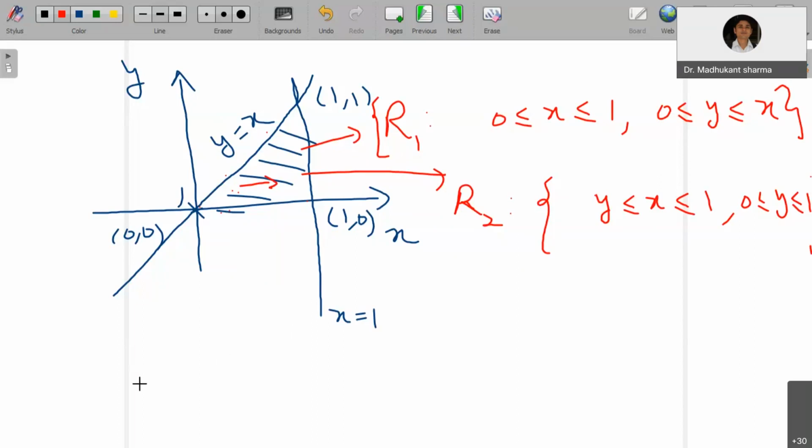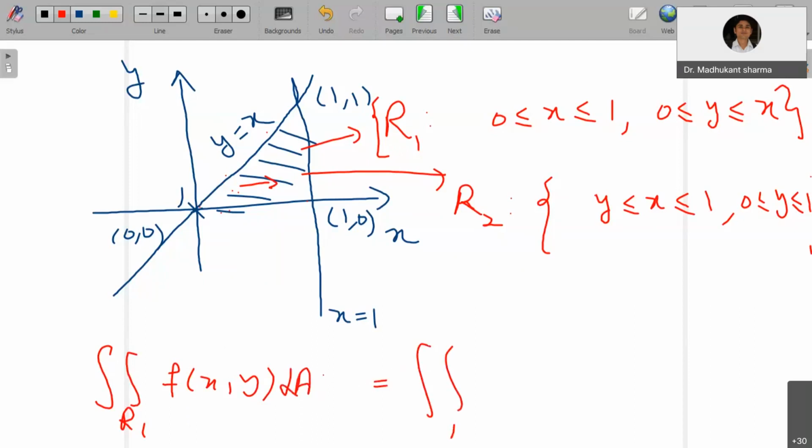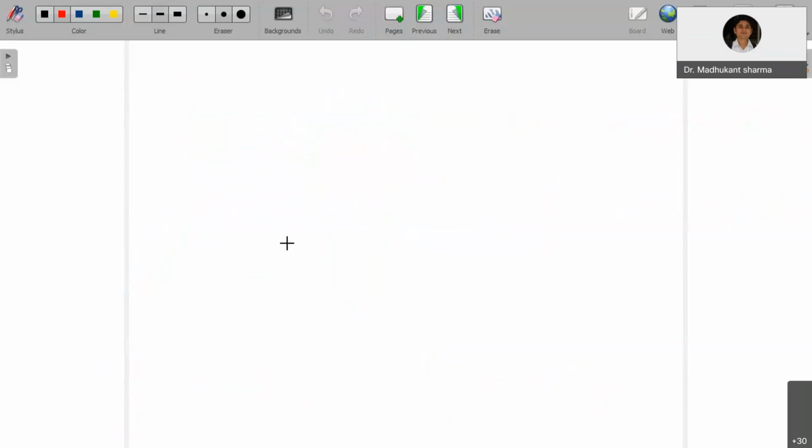Now for the volume of the region, you can either integrate over R1 f of x comma y dA, or integrate over R2 f of x comma y dA. Both ways will give you the same answer. I'm just going with R1.